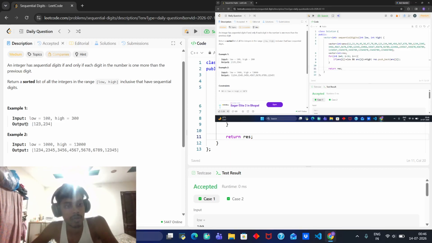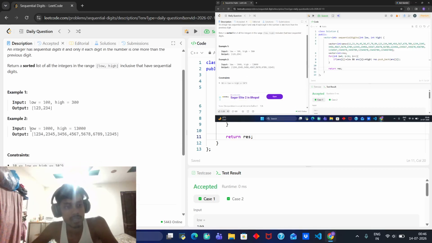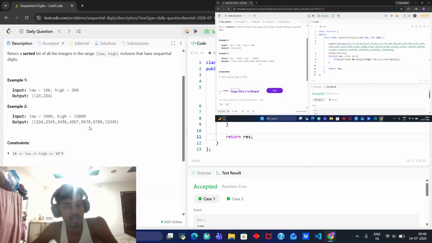As the output shows, 123 is sequential and 234 is sequential. Now let's see the second example. Low is 1000 and high is 13,000. All these sequential numbers lie between 1000 and 13,000.